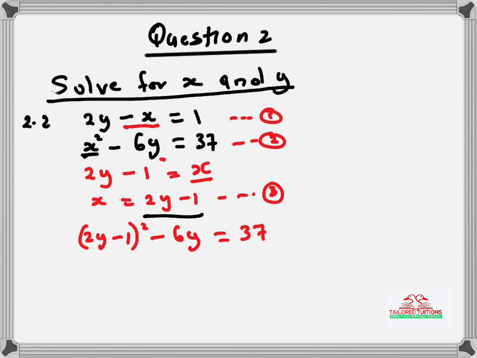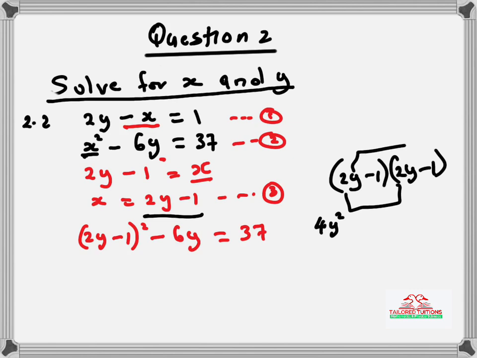Again, here I suggest that you open two sets of brackets, 2y minus 1 into 2y minus 1. Then you multiply 2y times 2y, that would be 4y squared. 2y times minus 1, that's minus 2y, minus 1 times 2y, minus 2y, minus 1 times minus 1, that will give you positive 1.